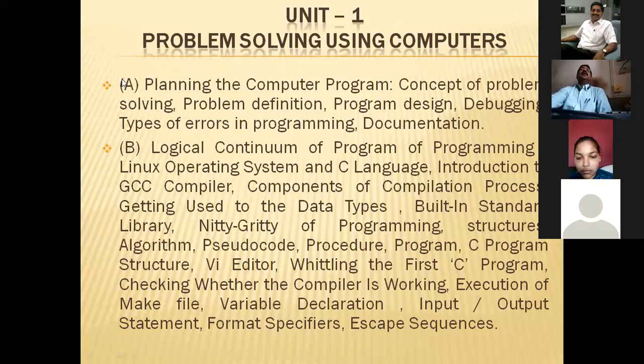Part A is planning the computer program: concept of problem solving, problem definition, program design, debugging, types of errors in programming, and documentation. Okay, this is part A of unit number 1.